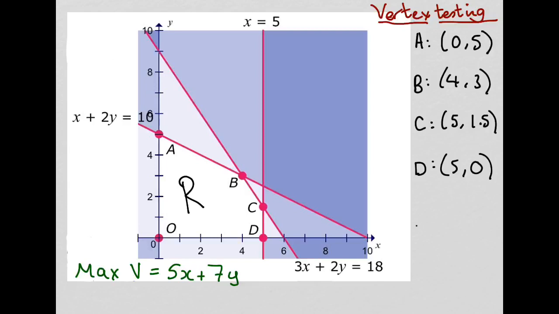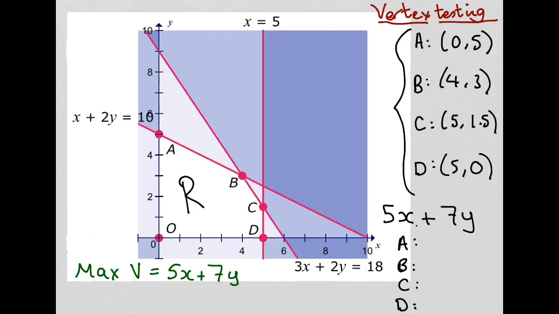Now I've got those 4 vertices, I want to know which of them gives the maximum profit. So I've got my objective function over here. I'm going to substitute each vertex into 5x plus 7y and choose the biggest.